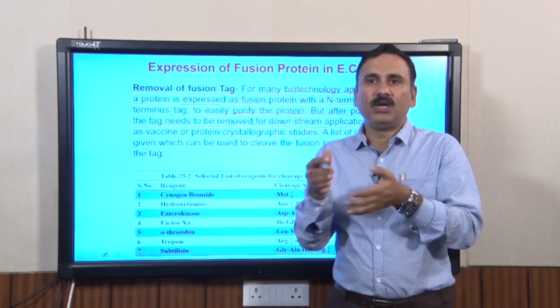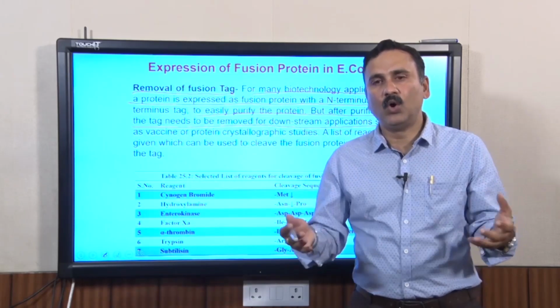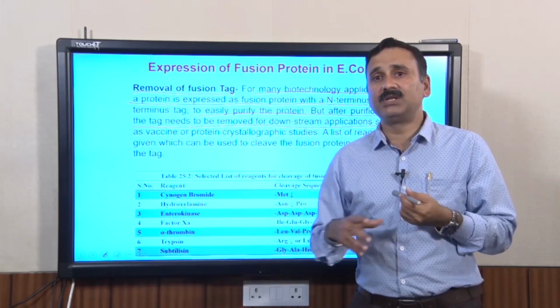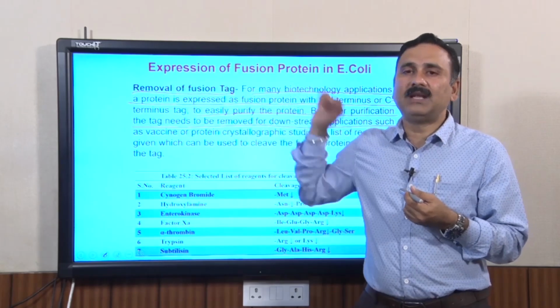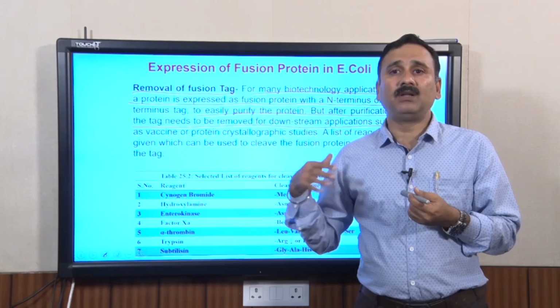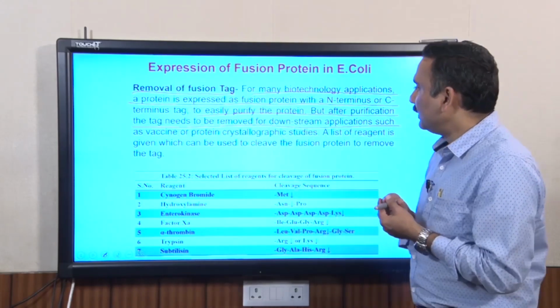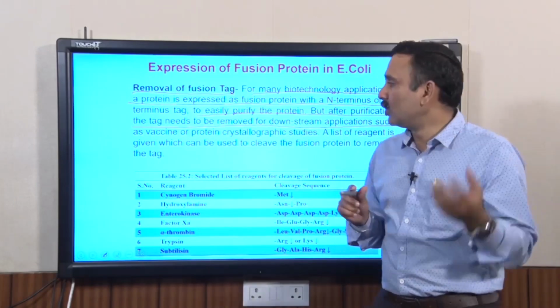You want this protein to go inside the cell, inside the human body or inside the host, and drive some reactions. In those cases the fusion tags are going to interfere, or in some cases they are definitely going to cause allergic reactions. In those cases the fusion tag has to be removed.